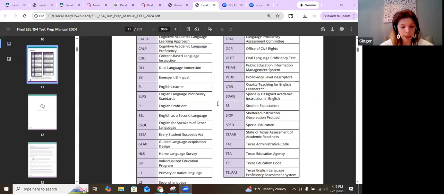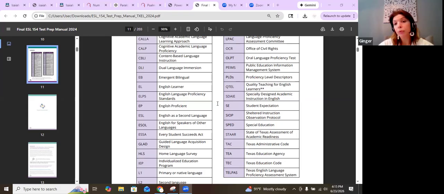In bilingual programs, instruction is delivered in English and another language. In Texas, there are 4 types of bilingual programs: 2 transitional programs, early exit and late exit, and 2 dual language programs, immersion one-way and immersion two-way.